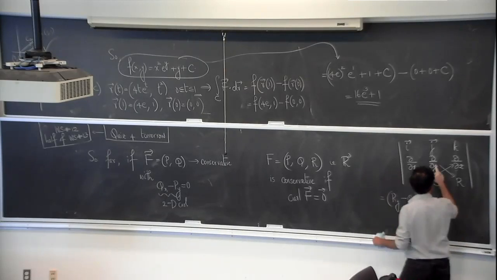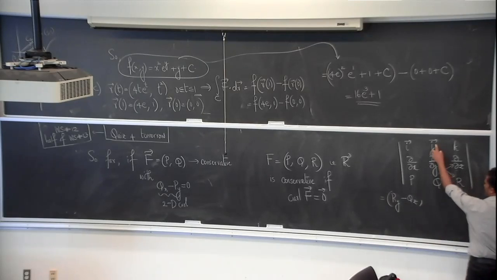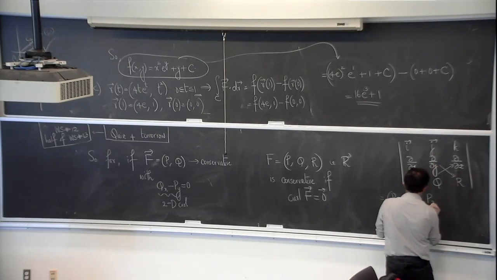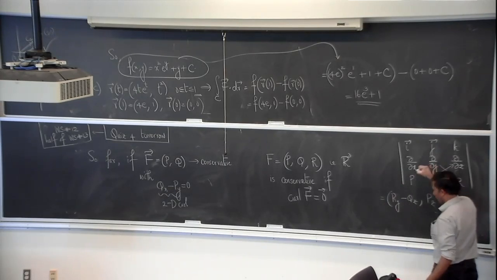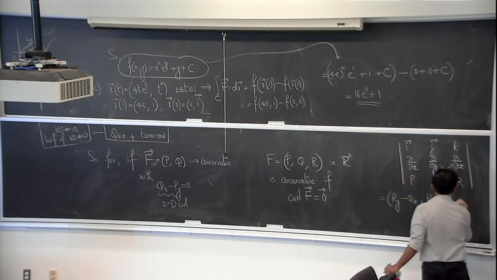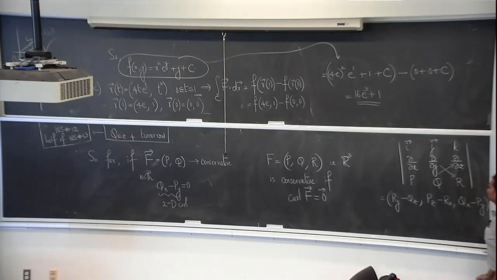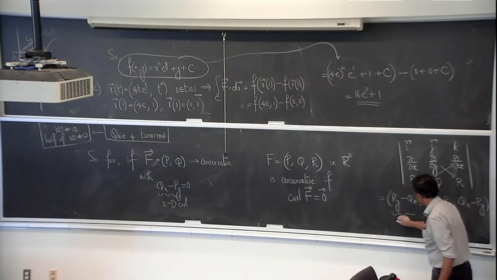That is the first component. The second component is a negative component, so you have to flip it around. So it's Pz minus Rx. And the third one is Qx minus Py, which is what you had there. So in a way, you are just checking that each of these partial derivatives are the same. So are these equal to 0 or not?